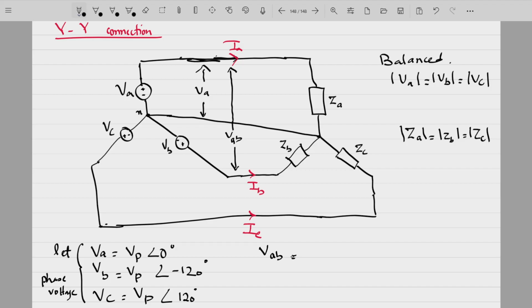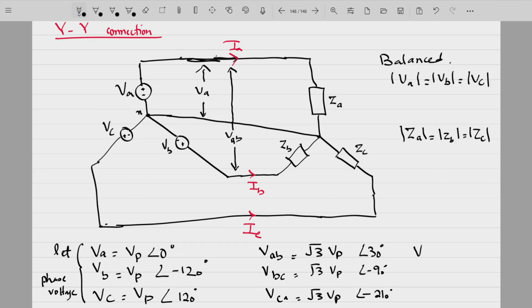So VAB, we calculated this. This will be equal to root 3 VP angle 30 degrees. And VBC will be root 3 VP angle minus 90 degrees. And VCA will be root 3 VP angle minus 90 minus 120, that is minus 210 degrees.